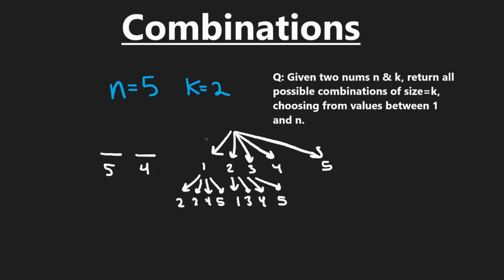Well, to prevent this, what we can do is when we go down the path of 1, we're getting all possible combinations where we have at least a single 1 value in our list of combinations. These are going to be all combinations that have at least a single 1. So the rest of these paths have to generate all combinations that don't include a single 1.